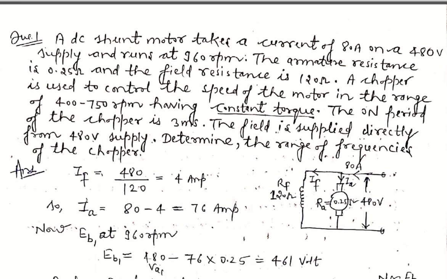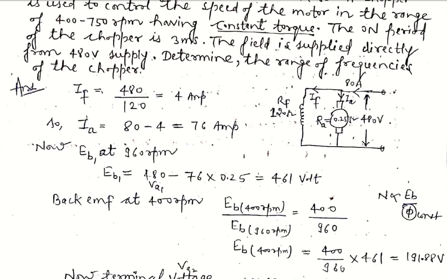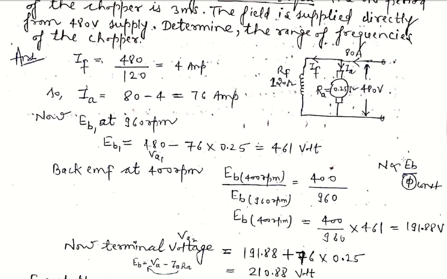We know N is proportional to Eb upon phi. Because this is a DC shunt motor, the field is constant, and so N is proportional to Eb.